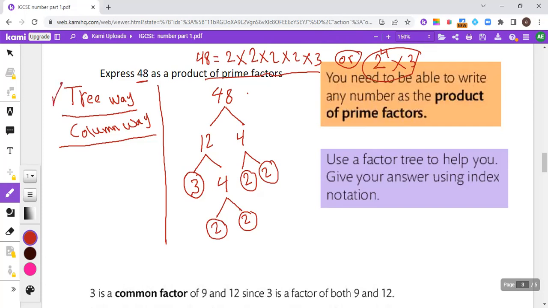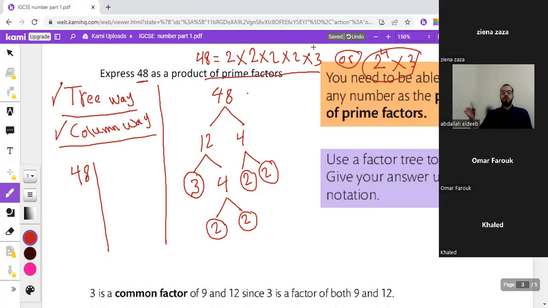Okay, now the column way is like this. I write here 48, and then you start dividing by a prime number.